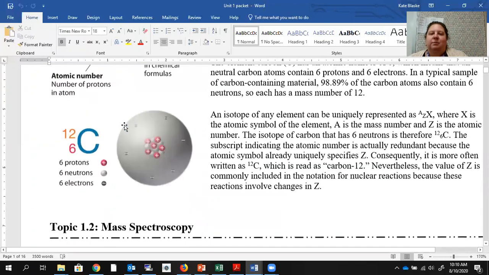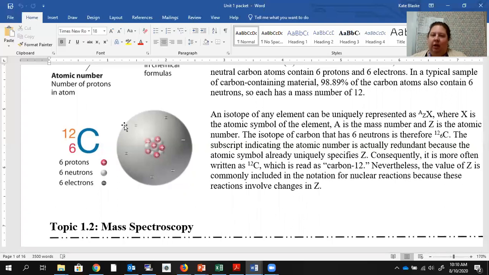We write our atoms this way because there are multiple types of atoms of each element. Now, we know that an element is defined by its number of protons, but by changing the mass of that atom, we can still maintain the same identity because it has the same number of protons, but a different number of neutrons.